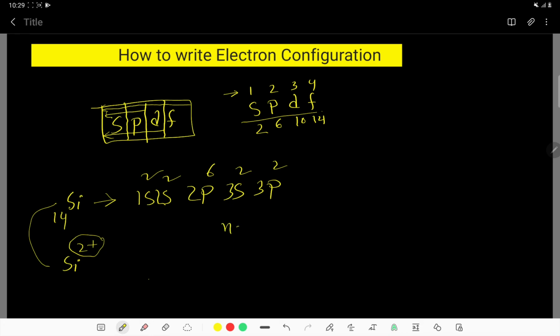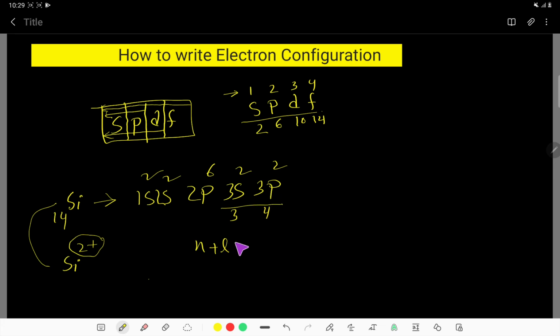Here n equal to 3 is the outermost shell, and you will remove 2 electrons from the 3p, because the n plus l value for 3s equals 3 plus 0, that is 3, and for 3p it is 3 plus 1, equal to 4. So this is the highest energy sublevel.